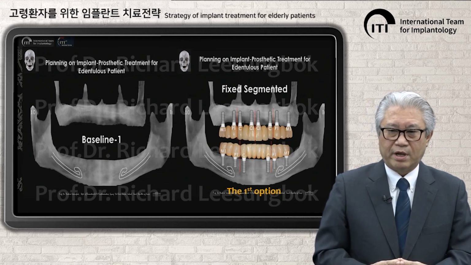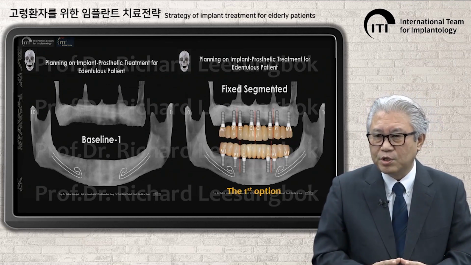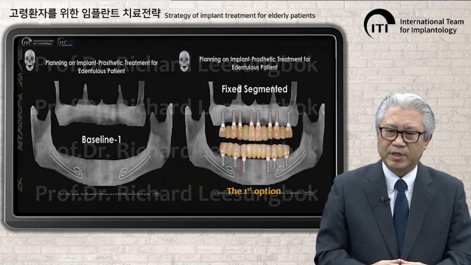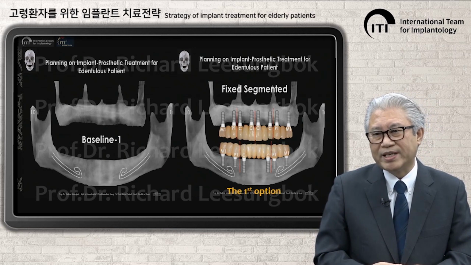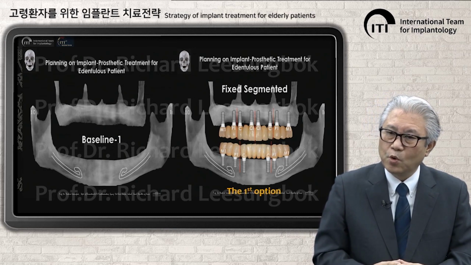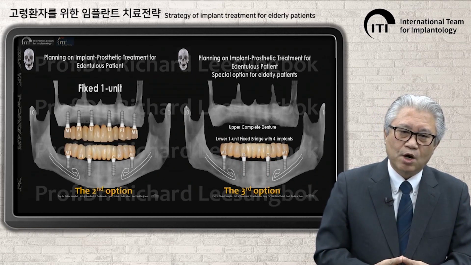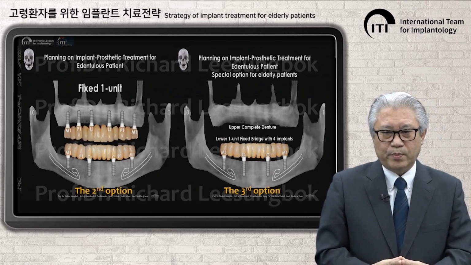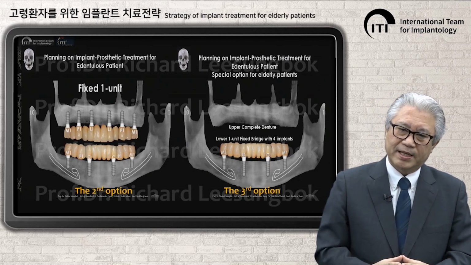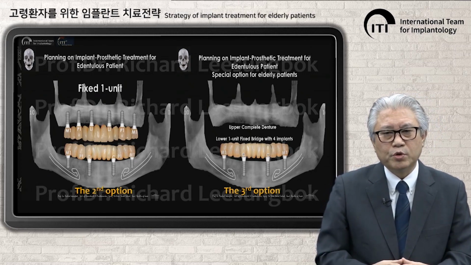The first option is to place 8 implants on the upper, 6 implants on the lower, and provide fixed restorations segmented by 3 to 4. The second option is to place 6 implants on the upper and 4 implants on the lower, and provide 1 unit fixed restoration each in the upper and lower.